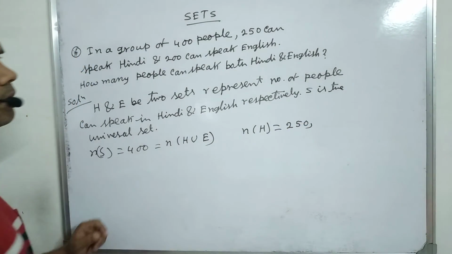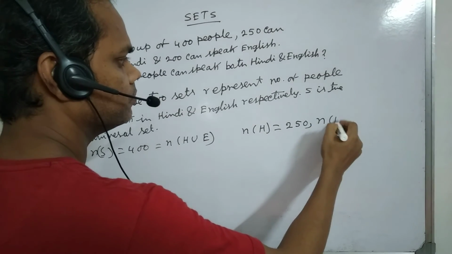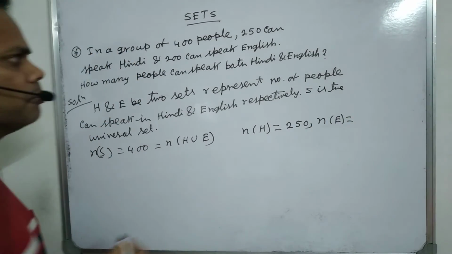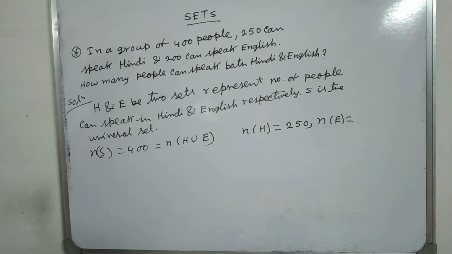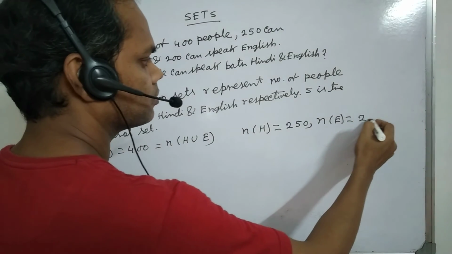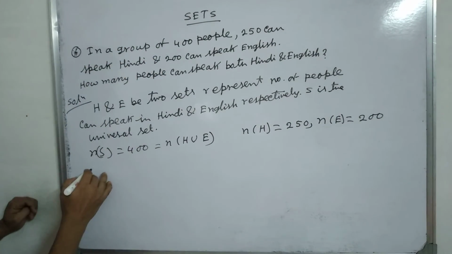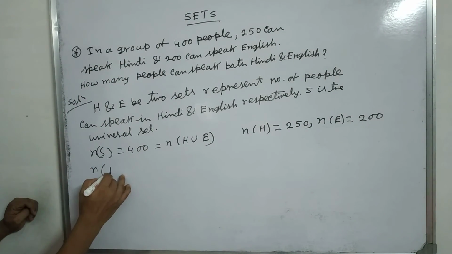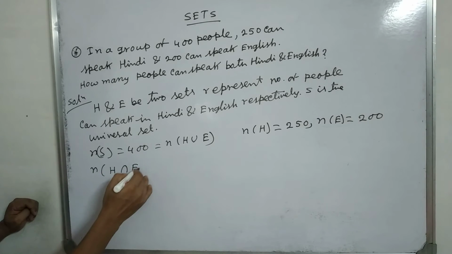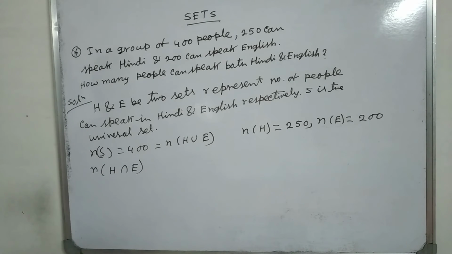Now given n of H, the number of people who speak Hindi, is 250. n of E, the number of people who speak English, is 200. Now we have to find n of H intersection E, that means the number of people who speak both Hindi and English.